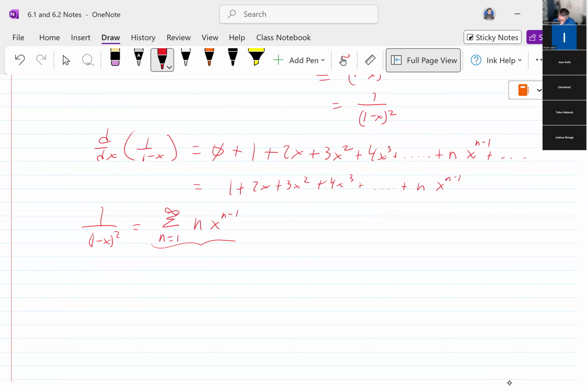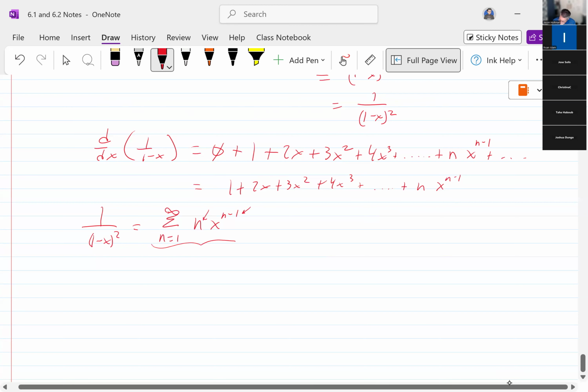Okay, if we want to change this to n equals 0, sure, I just have to add 1 here, and I have to add 1 here. So we could also rewrite this as 1 minus x squared is equal to this summation n equals 0.